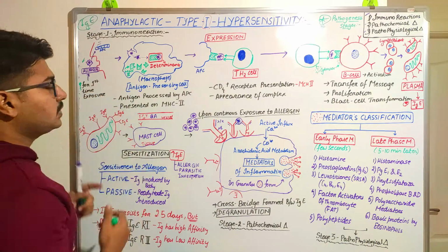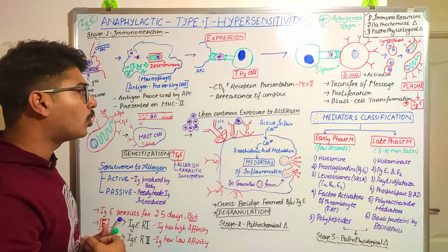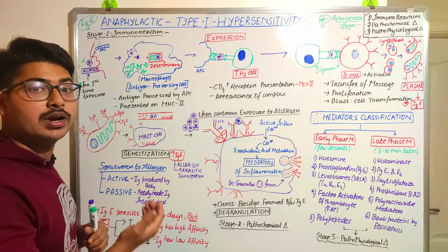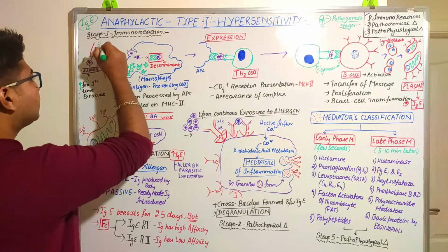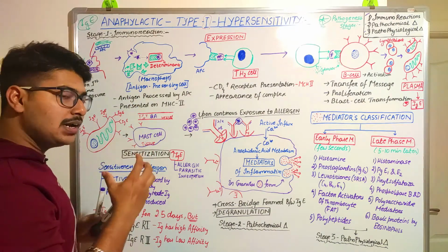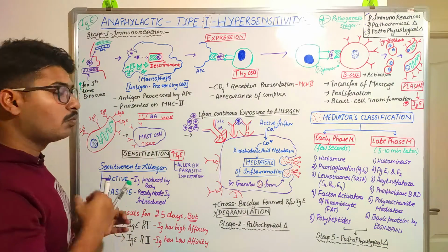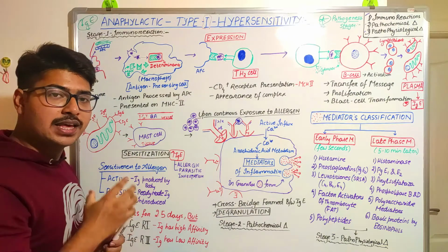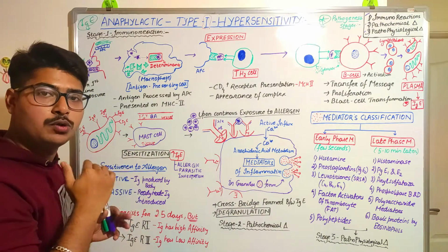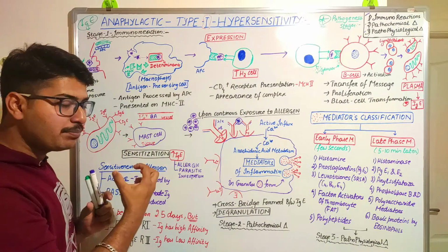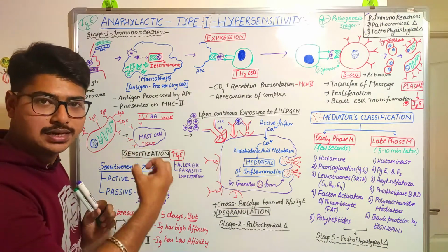Let's say it penetrates through our nasal passages, and here is the mucosal membrane of the nasal passage, and there lies a specific cell. What is that cell? Yes, it is the antigen presenting cell. They lie in the lining of the mucosal membrane, and their function is to trap the allergen coming through the nasal passage.